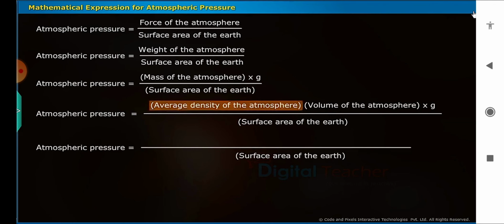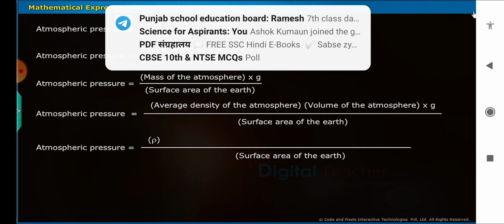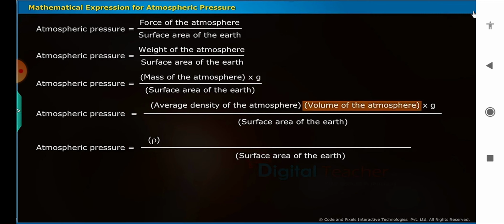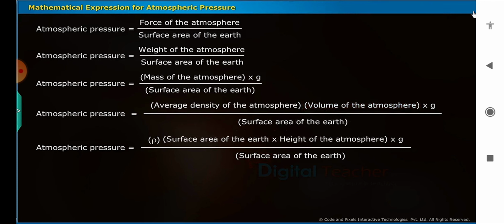Average density of the atmosphere can be represented as rho. We know that the volume of a body is nothing but the product of surface area and height of the object. So, the volume of the atmosphere can be written as the product of surface area of the Earth and height of the atmosphere.